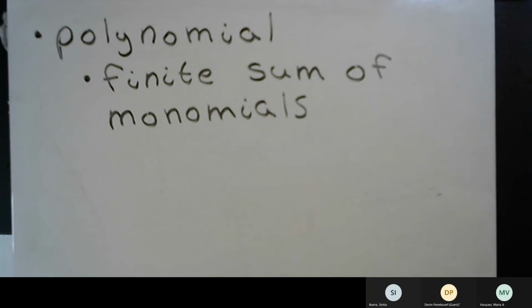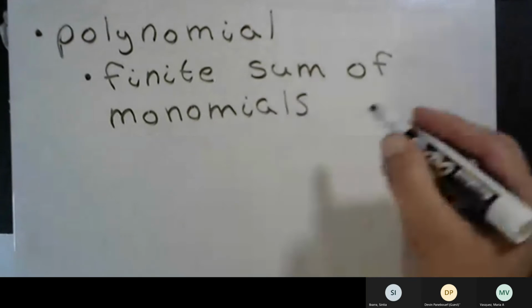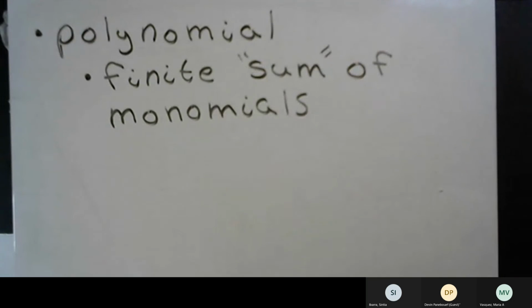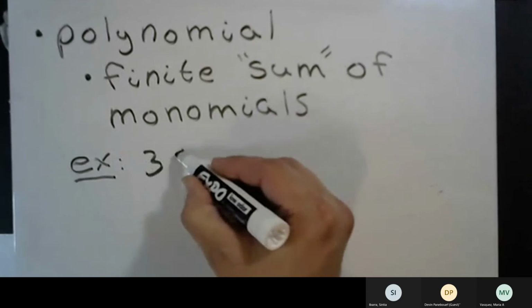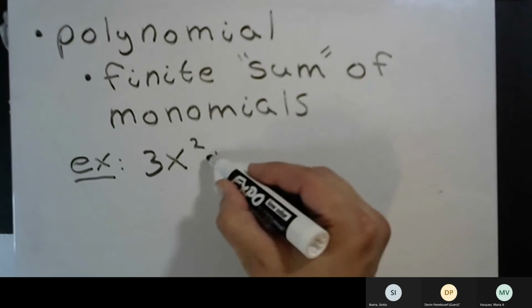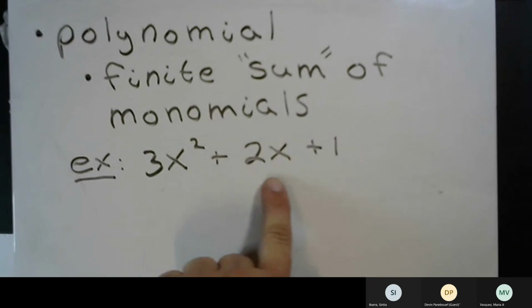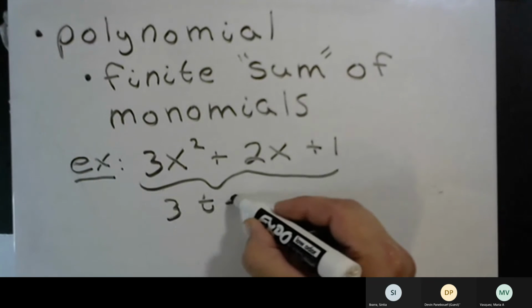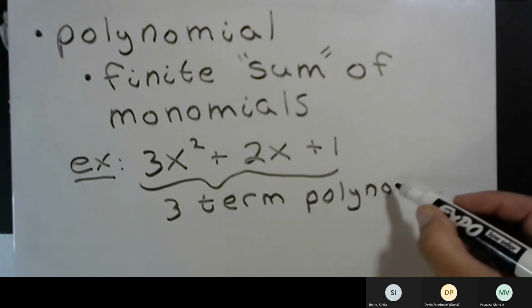So if we take these monomials, these terms, and we add them together, we would get add or subtract. And the sum could be, you could be adding negative versions of these, or in other words, you could be subtracting. But here's a monomial plus a monomial plus a monomial. And that's a 3-term polynomial.